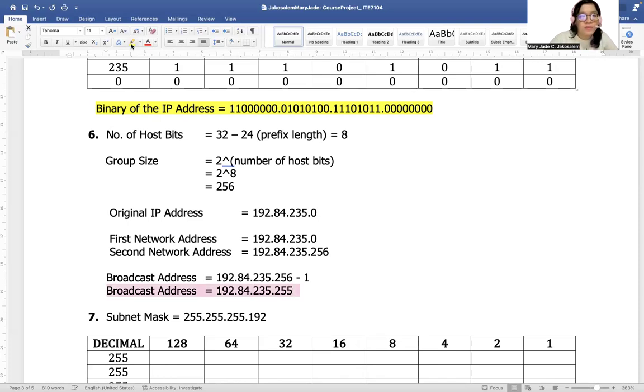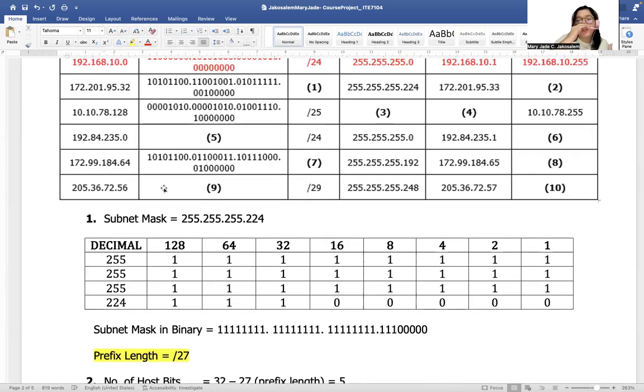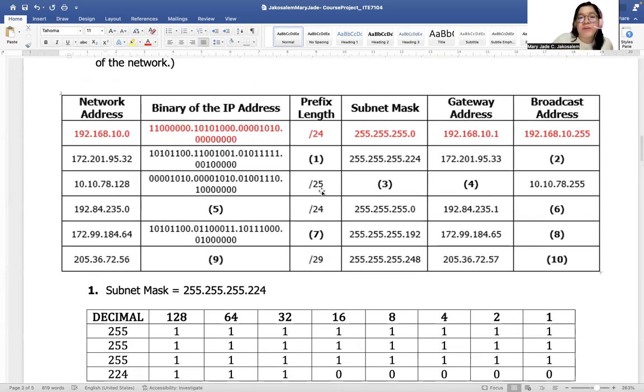So, this is our answer for number 6. Again, our answer for number 6, the broadcast address, is equal to 192.84.235.255.